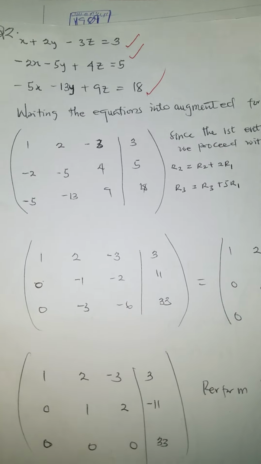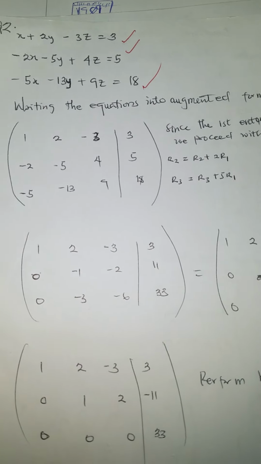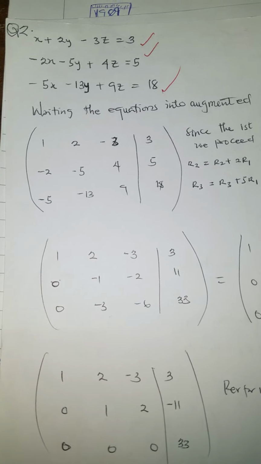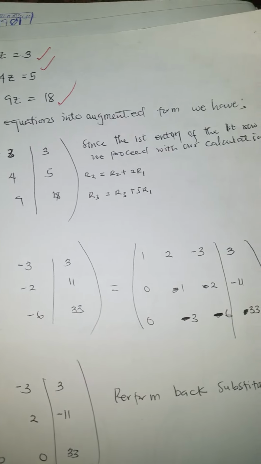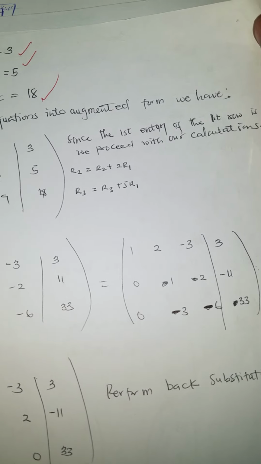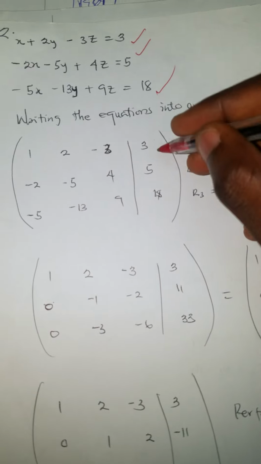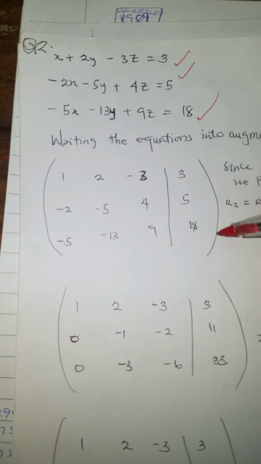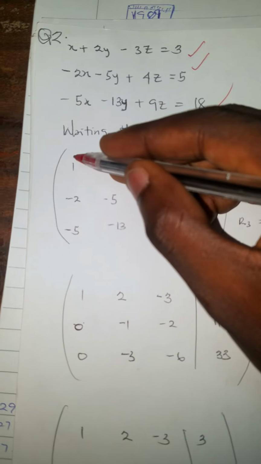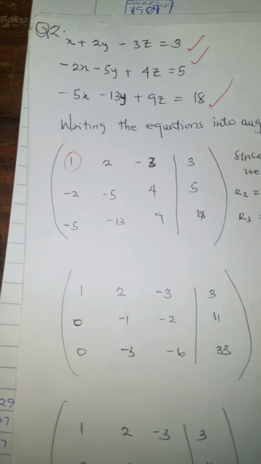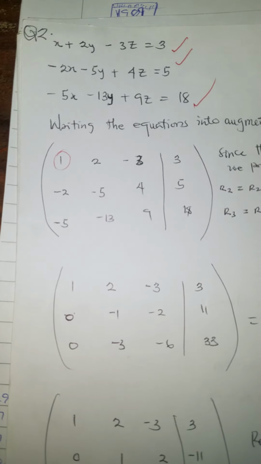So the next thing you do is you write it in augmented matrix form. If you write it in the augmented matrix form, this is the matrix we're going to get. And since the first element in the first row is 1, you don't need to do anything to it.